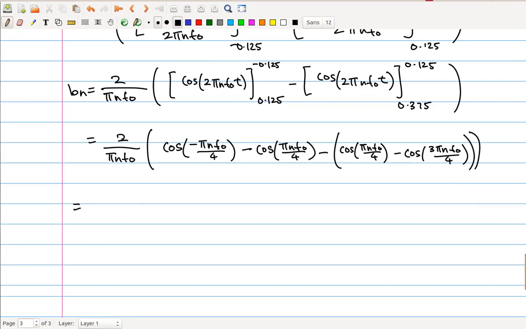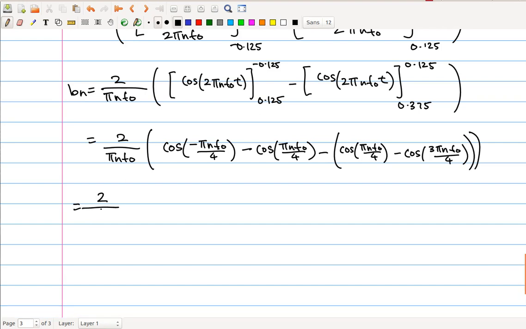Okay, so let's continue. 2 on pi n f0. Okay, so cos is an even function. Yeah, so if it's an even function, I can take this negative out the front and I don't have to change the sign. So that remains as cos on 4. Okay, and look, we have another one of these.